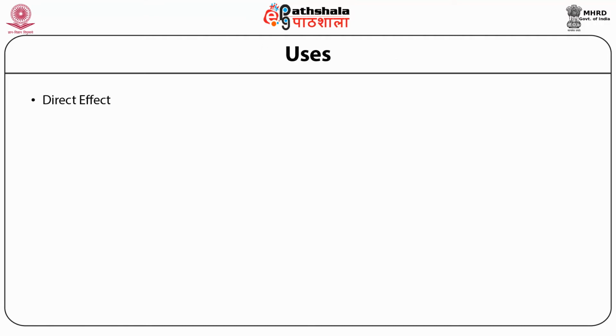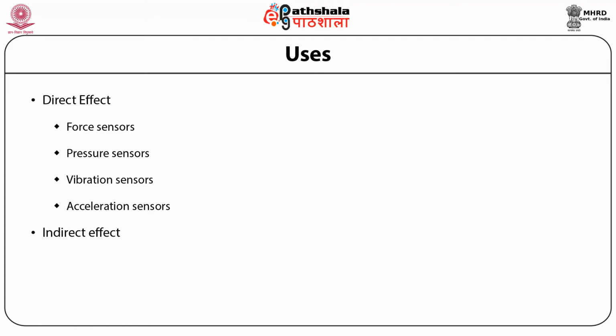The direct piezoelectric effect is used as the basis for force, pressure, vibration and acceleration sensors, while the converse effect is used as a basis for actuators and displacement devices.